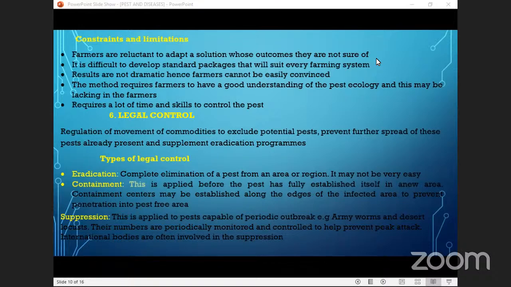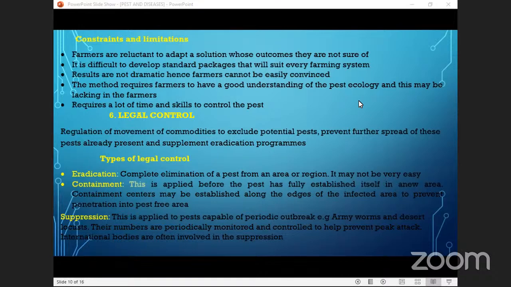Areas which have been affected by a certain pest are not allowed to bring their crops to the market. So that simply means the farmer is controlled, and the pest is also controlled in that simple way.